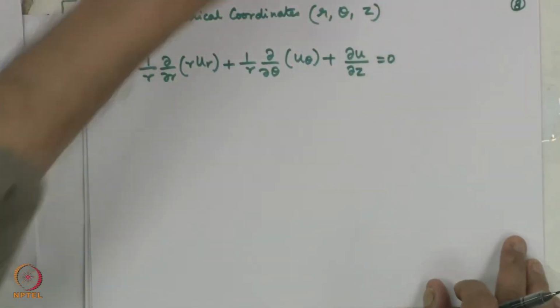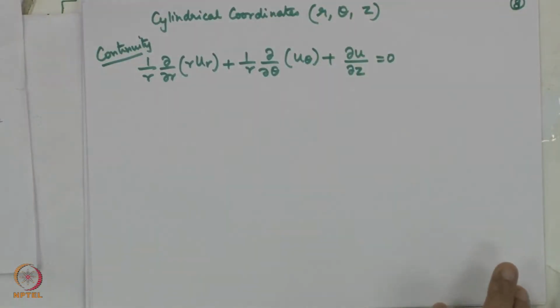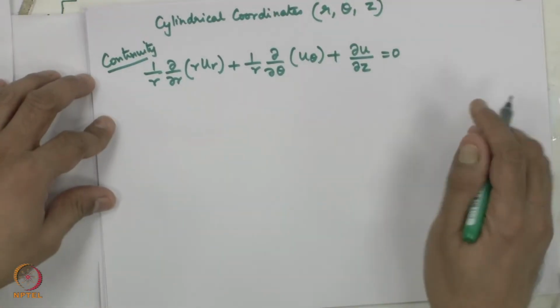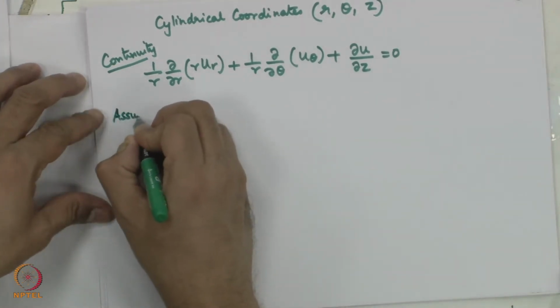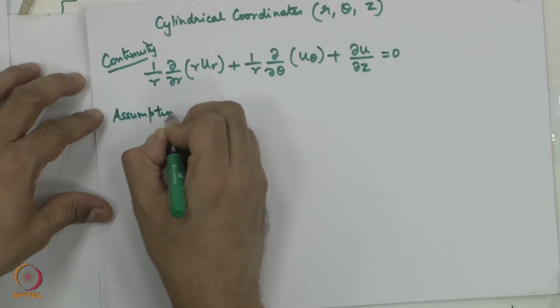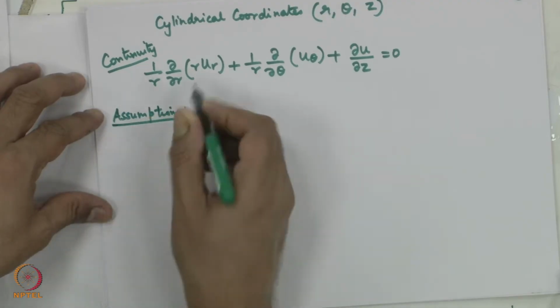Before we formally start the derivation, what are the assumptions that are going to be made? We have a list of assumptions we need to state very clearly, and this is very important in deciding the nature of the solution.